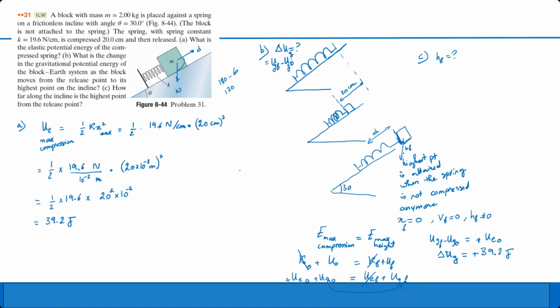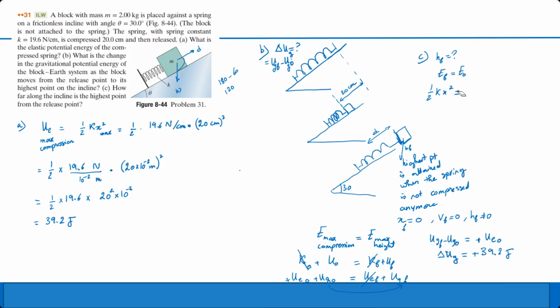So to find the final height, I'll just work with the conservation of energy. I'll use E final equals E initial, and I'll substitute as before. Initially, I had just some elastic potential energy, and at the final point, okay, let's fix this.